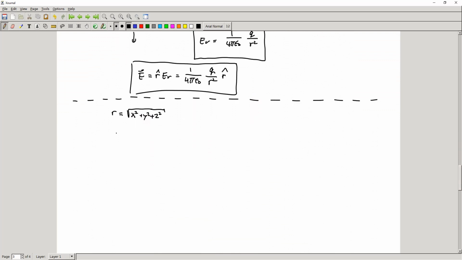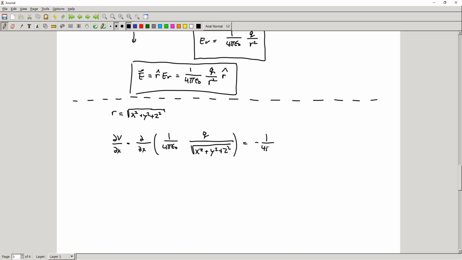I won't go through the full detail, but if we do this, we're going to be taking the partial of this, and it's going to be q, and now I'm going to rewrite r in terms of these variables x, y, and z: x squared plus y squared plus z squared. If you go through and do this derivative, I won't do it explicitly here, but you get the idea.